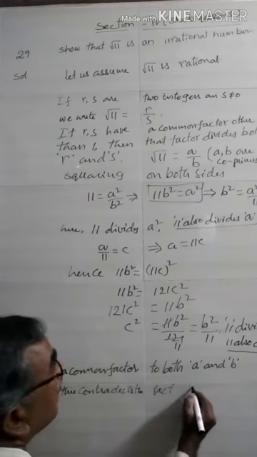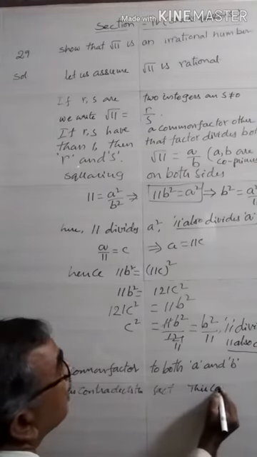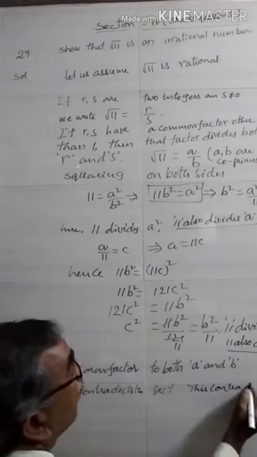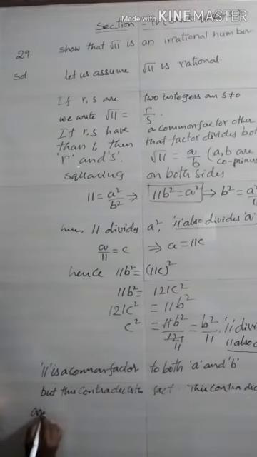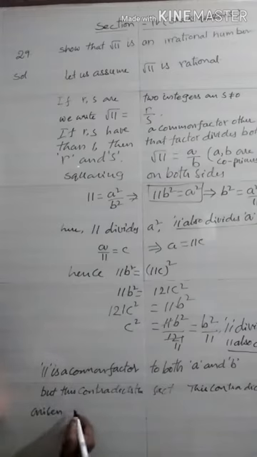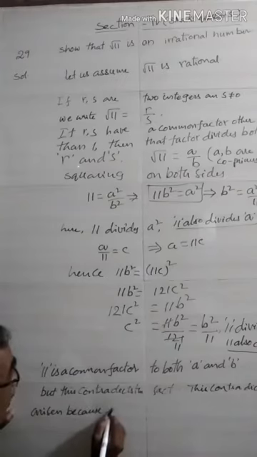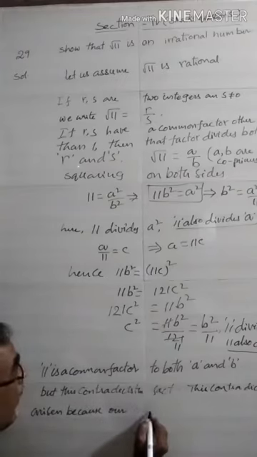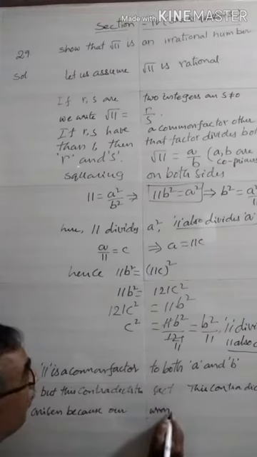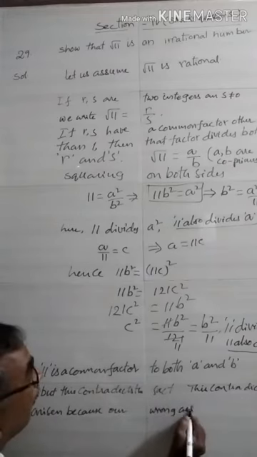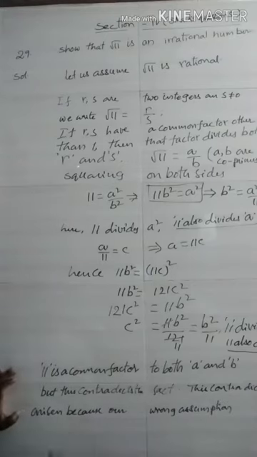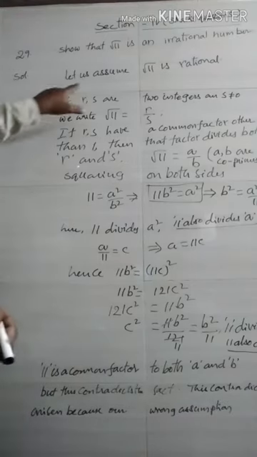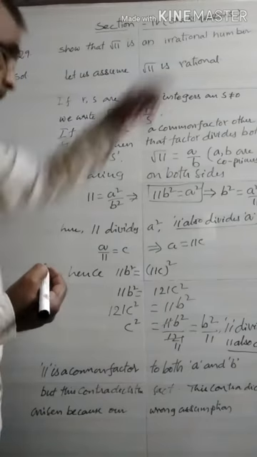This contradiction arises because of our wrong assumption. What is our wrong assumption? Here you may observe: root 11 is rational.